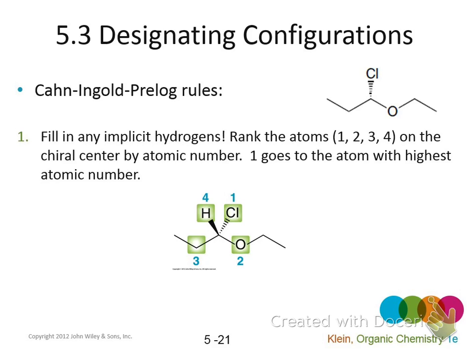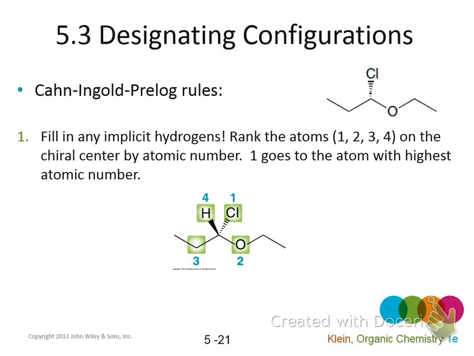Okay, and then we rank the atoms by atomic number. So chlorine got the 1, right? Oxygen got the 2, and carbon got the 3, and hydrogen got the 4. And now we're going to assign R and S, but what's wrong? H is in the front, right?